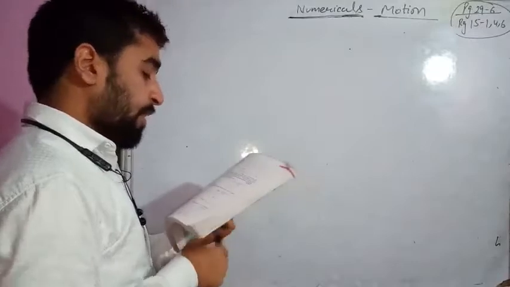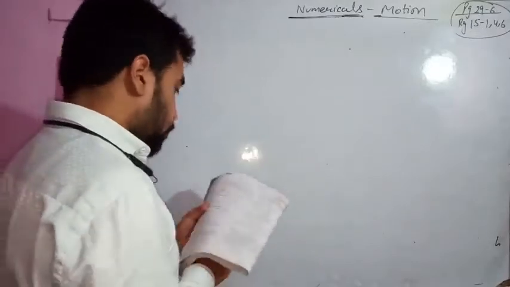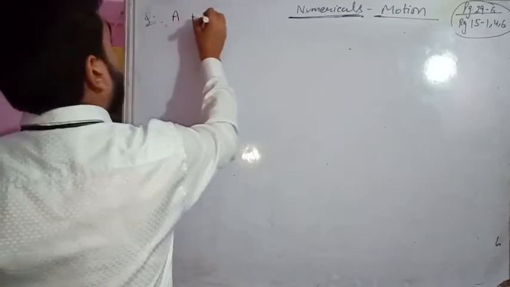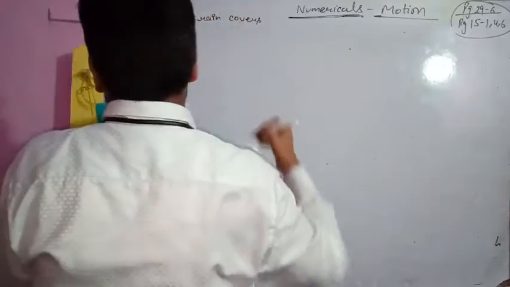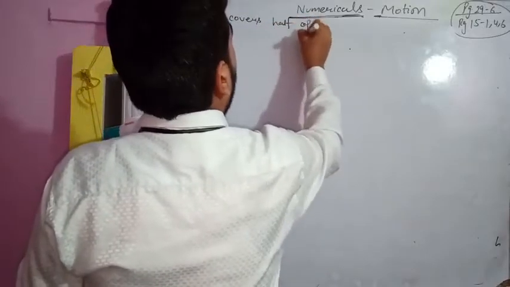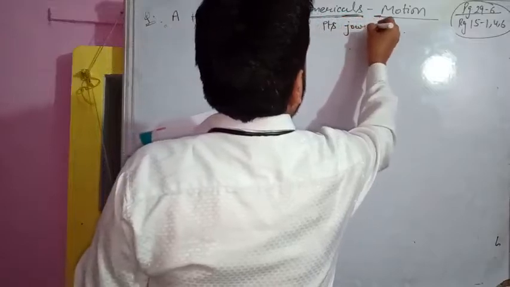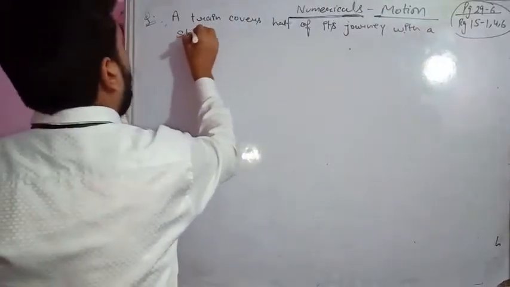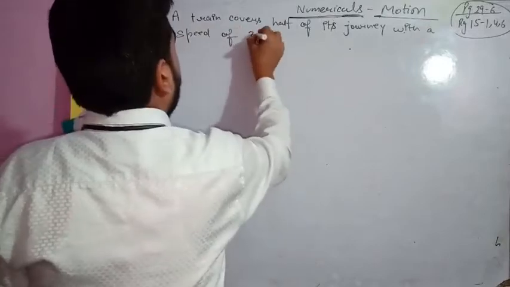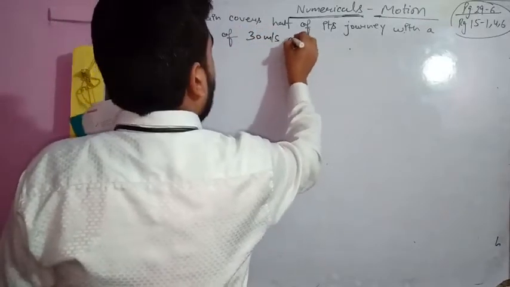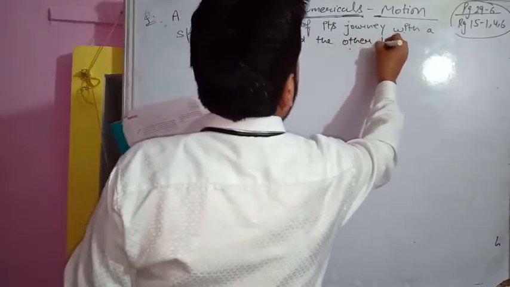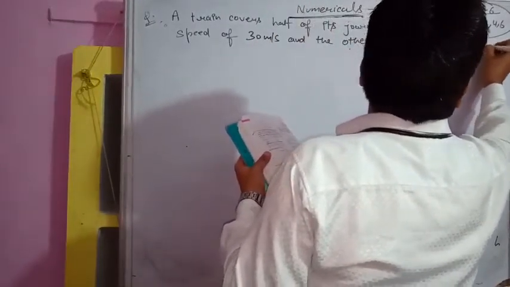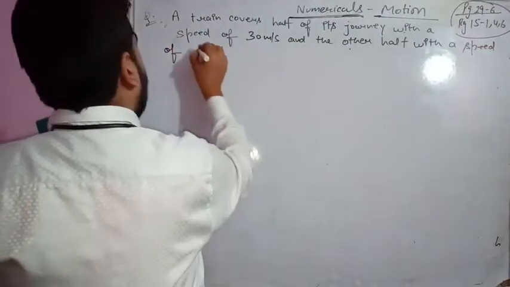So students, the next numerical which I have considered, we are going to solve is a train covers half of its journey with a speed of 30 meter per second, and the other half with a speed of 40 meter per second.